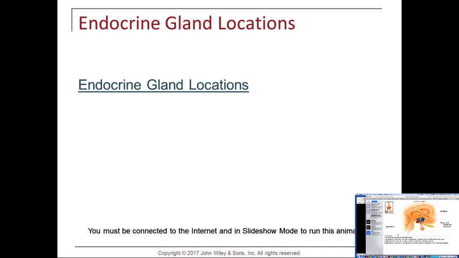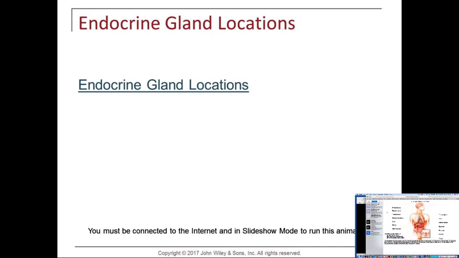And the hypothalamus, not to be confused with the thalamus, right? The thalamus is the relay station for all sensory input that's afferent that comes up into the brain, except for the sense of smell. Hypothalamus really controls so many different things because it's involved in regulating the ANS, the autonomic nervous system, through sympathetics and parasympathetics.